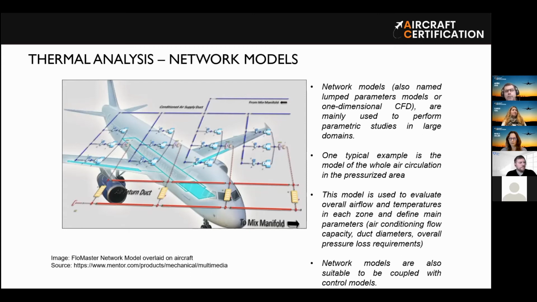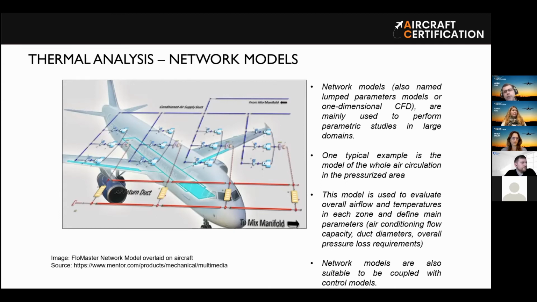They are quite useful because we can use many nodes in many locations, and then we can do some parametric studies. For example, we can check the diameter of the duct. We can see if the balance of airflow is uniform in the forward portion and in the aft portion of the aircraft.